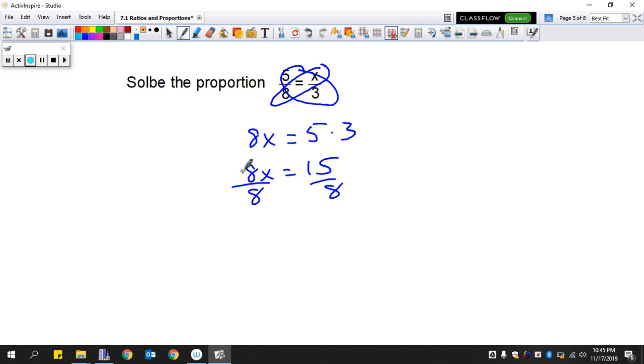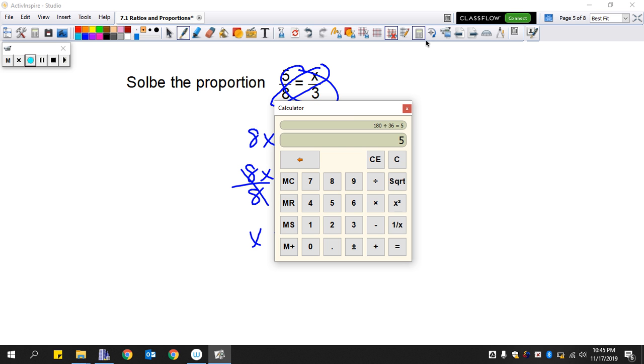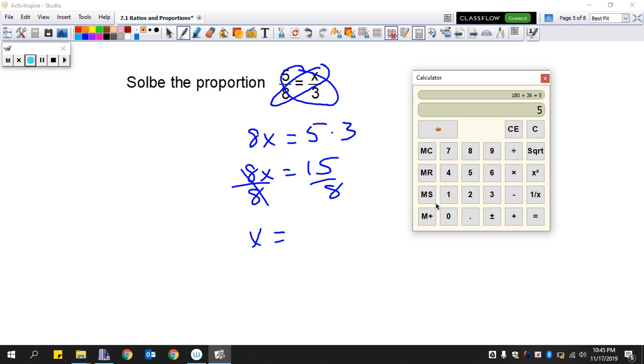So when we do that, x is equal to 15 divided by 8, and we end up with 1.875.